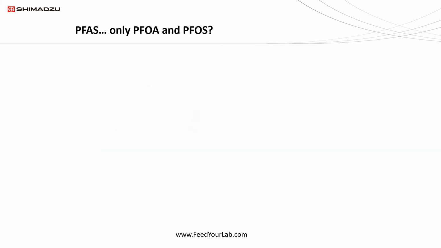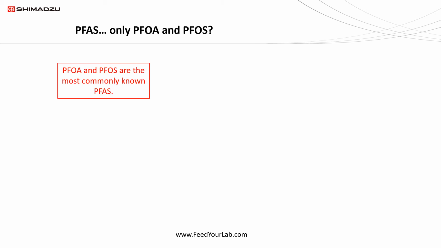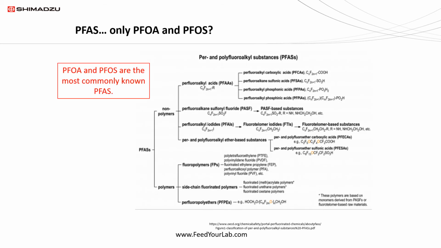It's not only PFOA and PFOS, or perfluorooctanoic acid and perfluorooctane sulfonic acid, but there's a whole variety. These are the most common ones that have been studied, but there are in fact hundreds and thousands of different kinds of PFAS, short chain and long chain, which makes the analysis quite challenging.